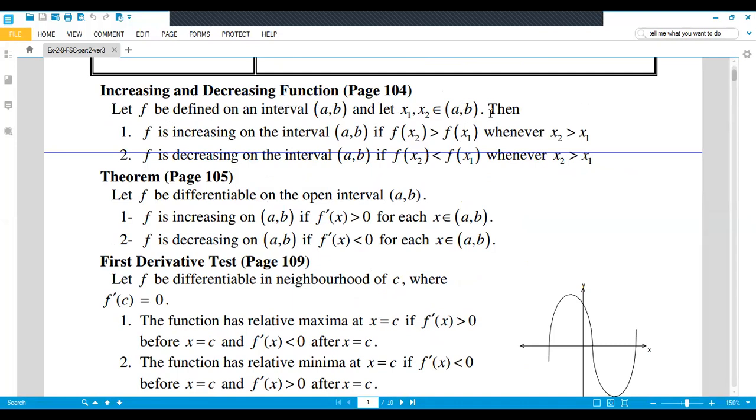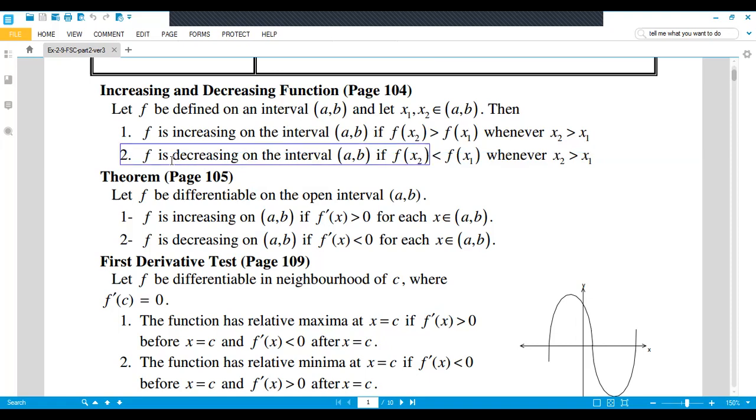Then f is an increasing function on the given interval if, whenever x2 is greater than x1, f of x2 is greater than f of x1. Then we say that the function is increasing in the given interval.